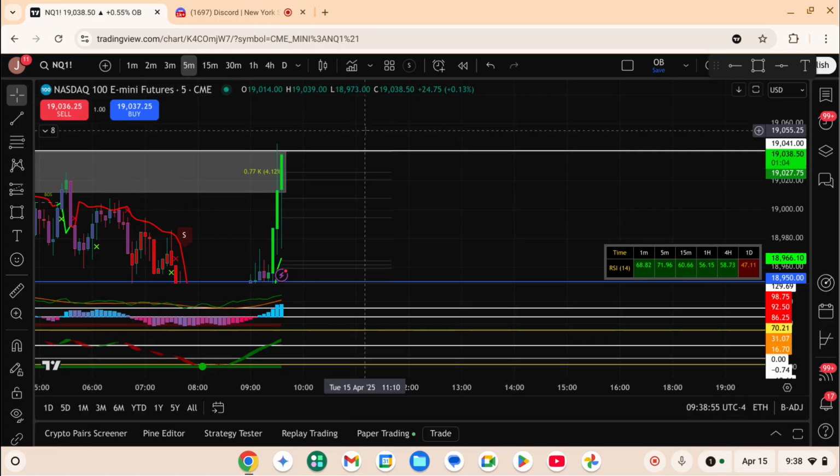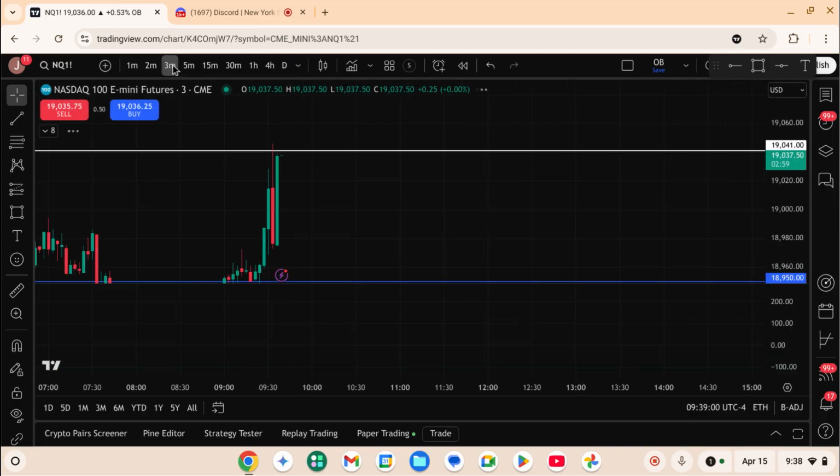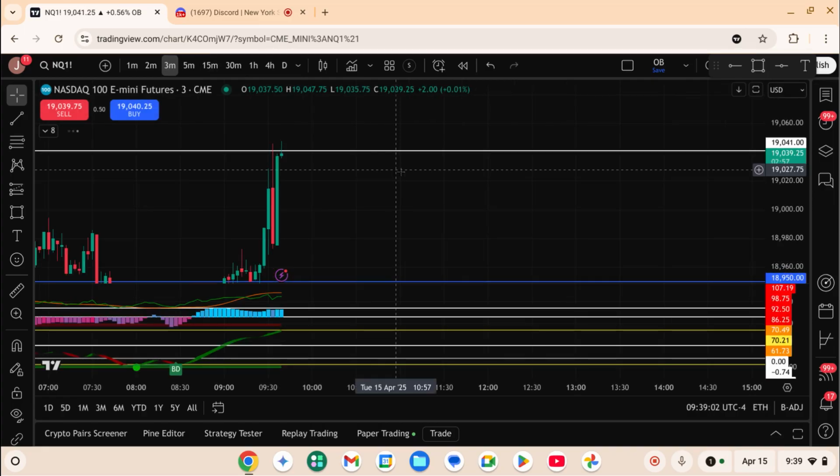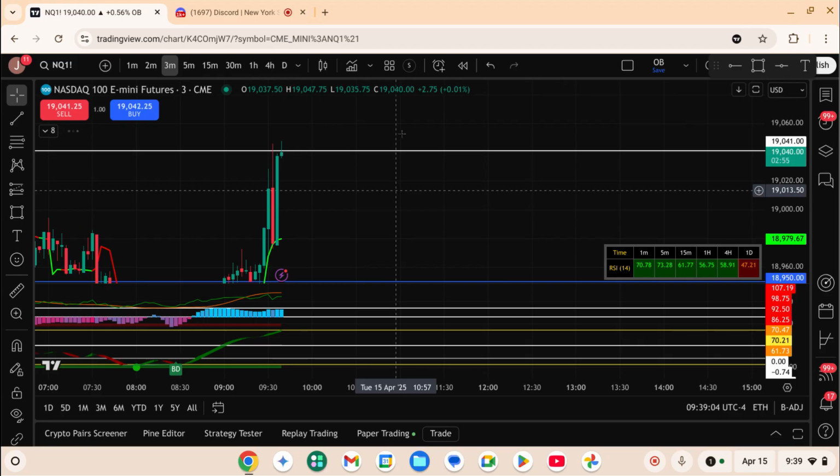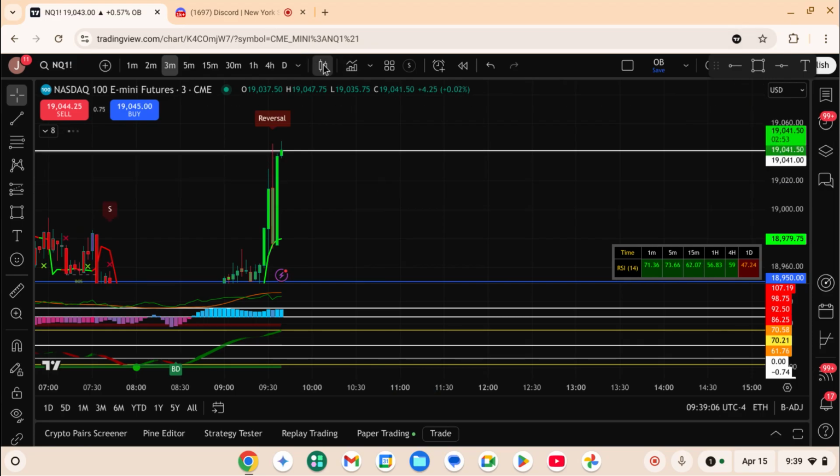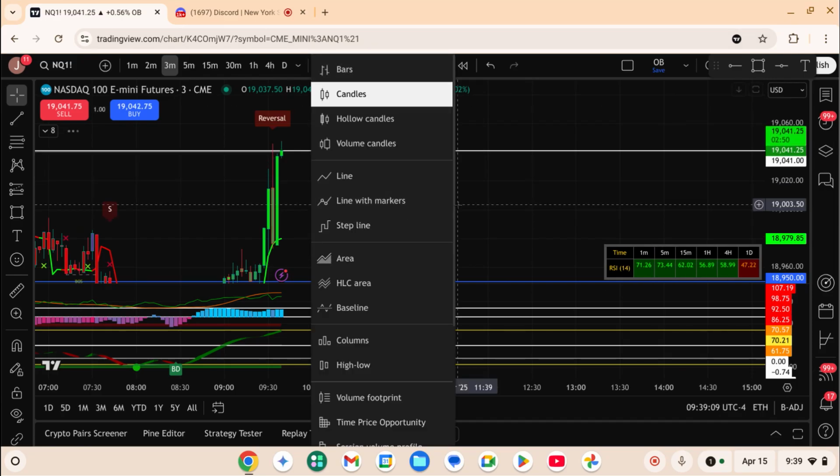What time frame am I on? It's not showing. Oh, 5 minute. Okay. Let's look at Heiken Ashi candles.